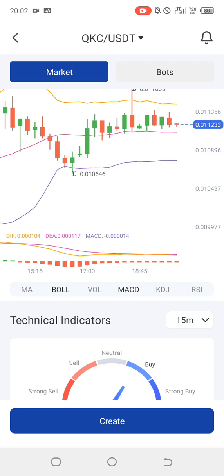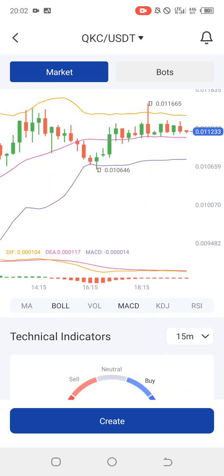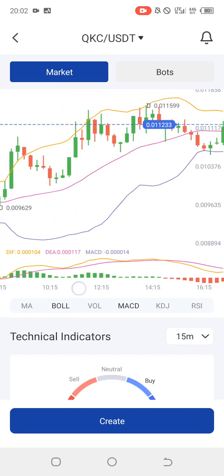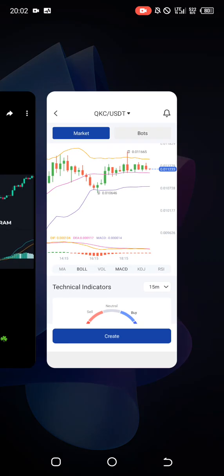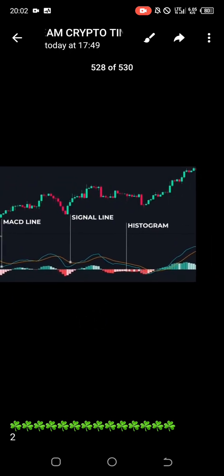Okay, so you see the histogram. All these red bars and green bars you are seeing there, they are called the histogram. Okay, so this histogram calculates the distance between the MACD line, now you know what the MACD line is, and the signal line.